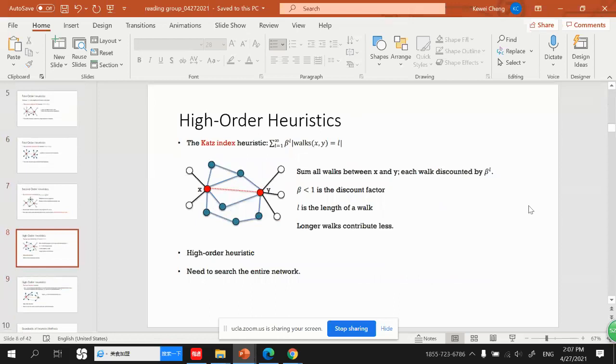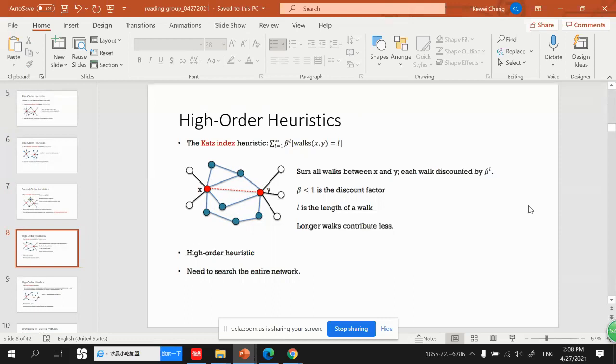Besides the first order and second order heuristics, there are several methods related to high order heuristics. One of the classic methods is the Katz index. The basic idea is that it sums all walks between x and y, and each walk is discounted by beta to the power L, where beta is smaller than 1.